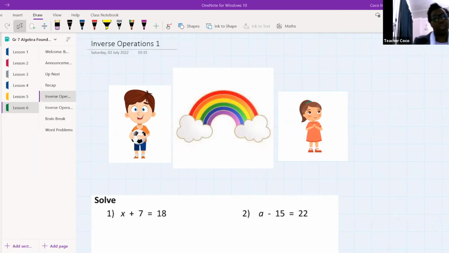When I was in school, I had a teacher, a really big burly guy. He looked very scary, but he was actually the biggest teddy bear ever. When he taught us how to do inverse operations, he told us a story about going over the rainbow.